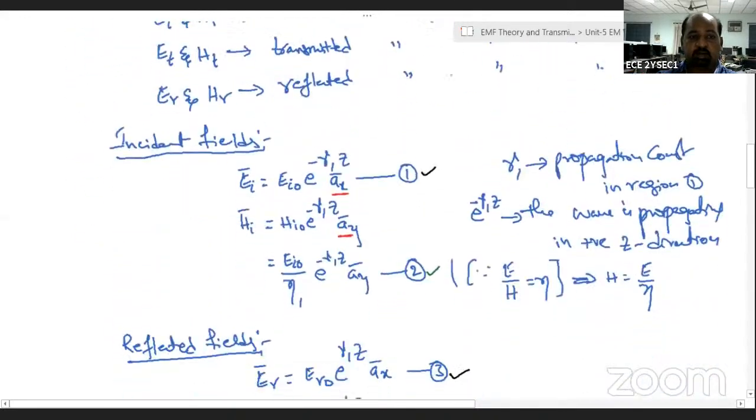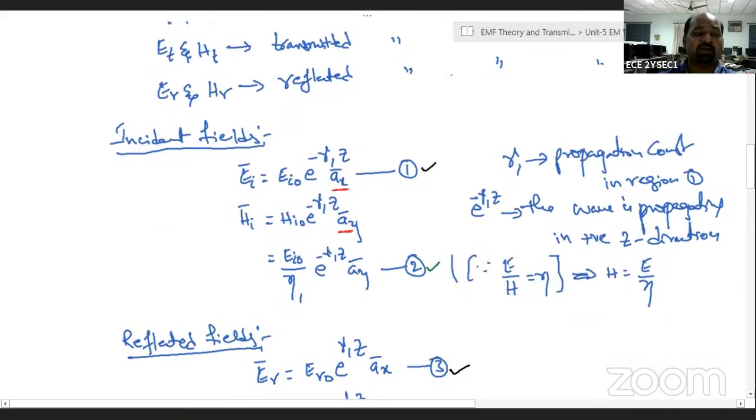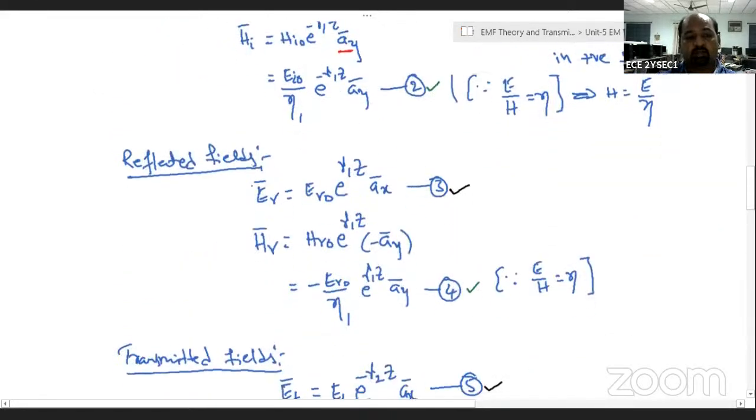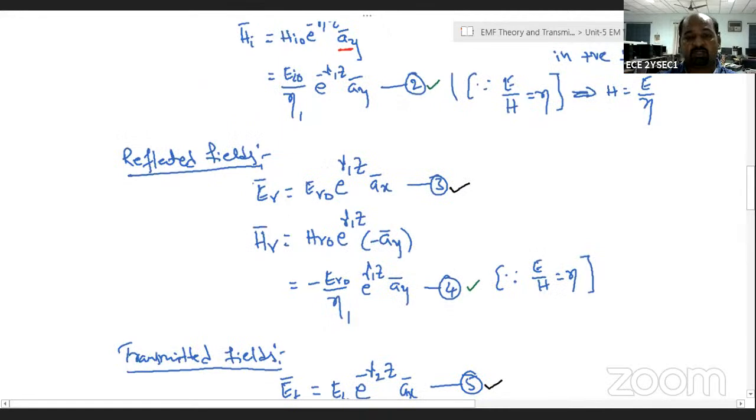We have written the incident waves in this form: incident electric field and incident magnetic field, equation 1 and equation 2. Reflected waves, equation 3 and equation 4.